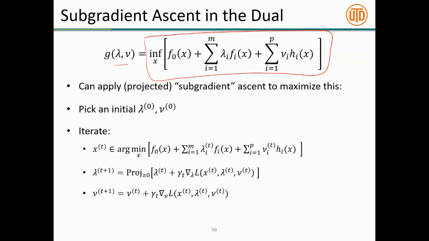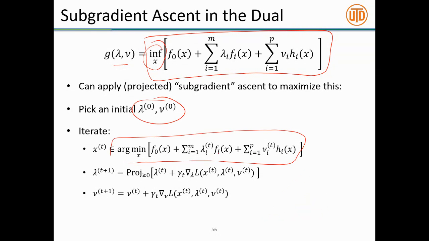To compute them, we solve this optimization problem. We actually compute the infimum over x. If this always has a finite solution, we can use that to design a subgradient descent method. It works like this. We have a fixed value of our dual variables lambda and nu.